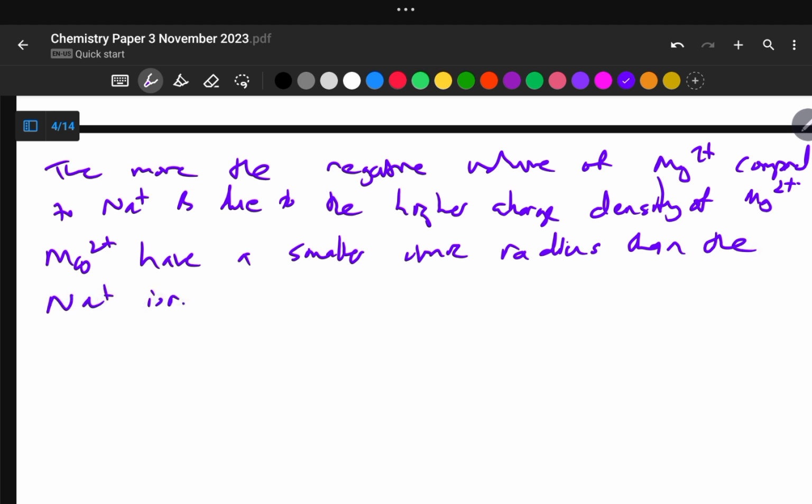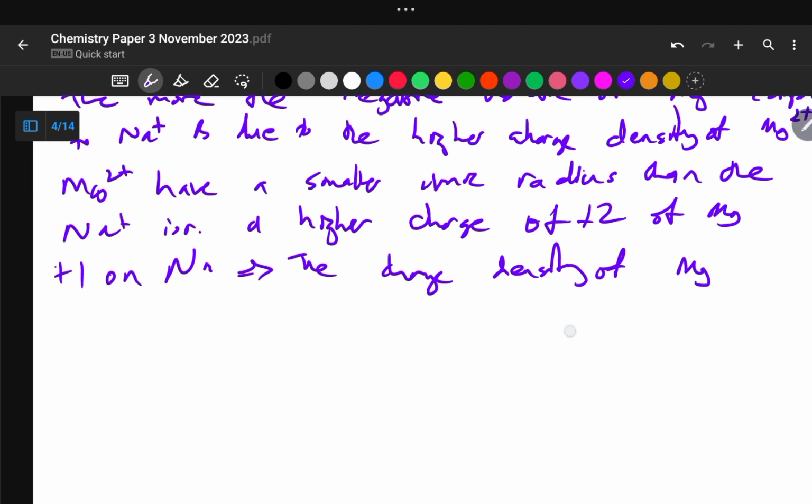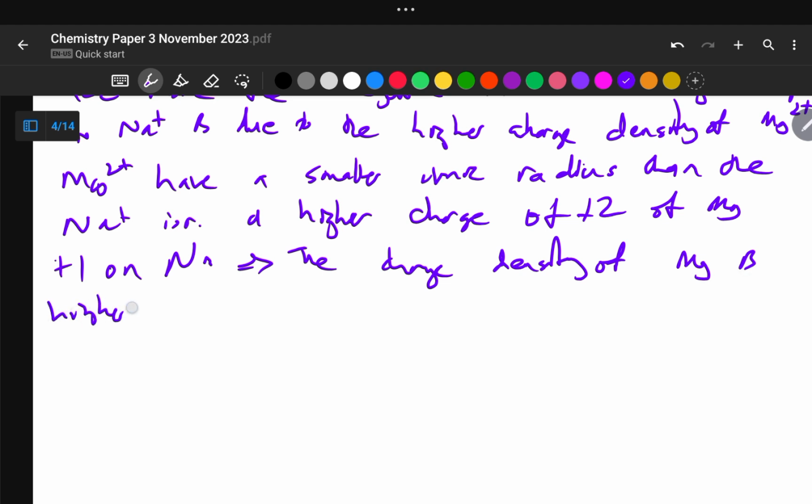So the ionic radius of magnesium is smaller than that of sodium, and we also have a higher charge of +2 on magnesium, and then +1 on sodium. So the charge density of magnesium is higher than sodium ion.